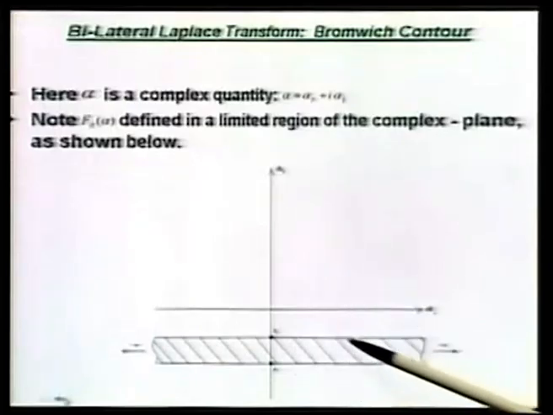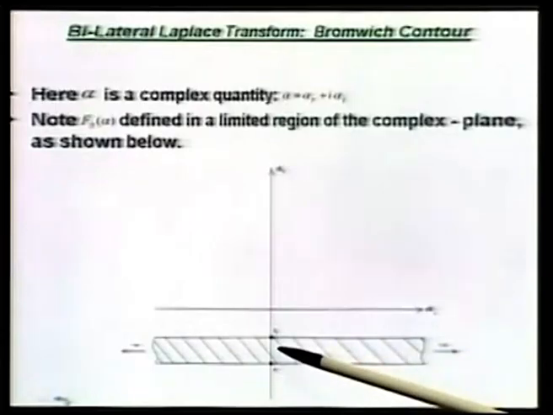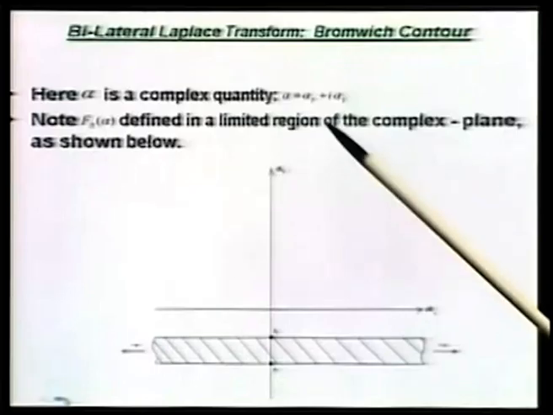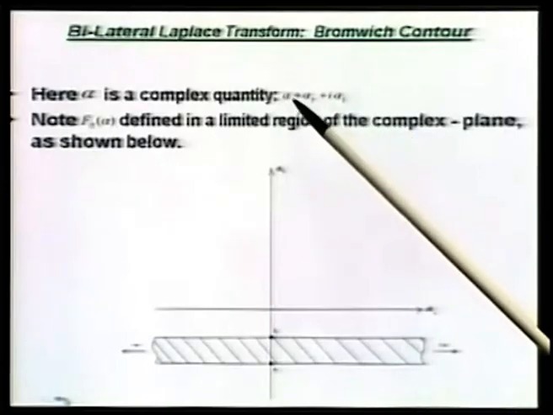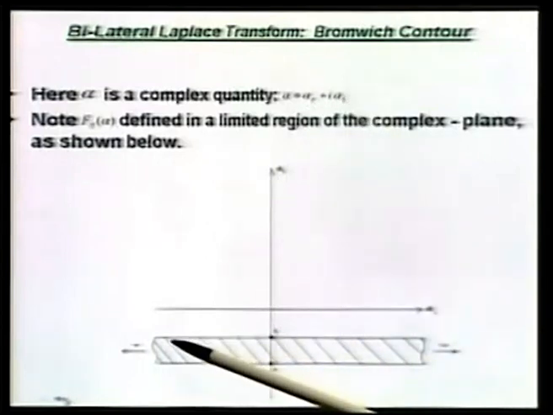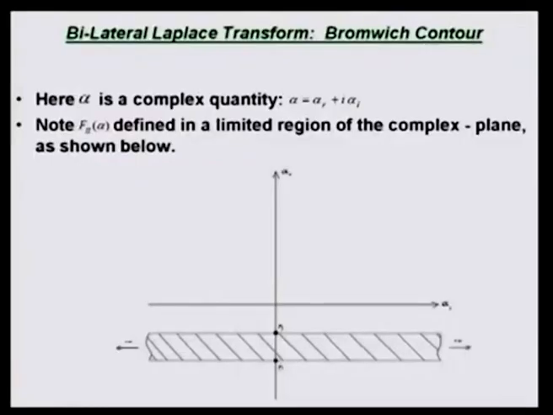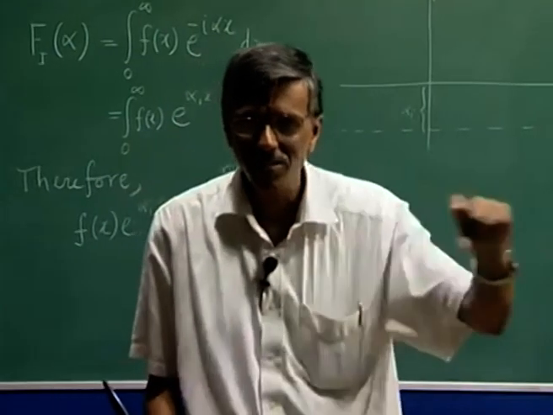So, this is the common region where both the parts are valid. That is your strip of convergence, spanned by, let us say, gamma 1 and gamma 2. And so, when we choose this complex wave number alpha I, there is no need for you to take it along a constant alpha I line. It is only that you should be in the strip of convergence.